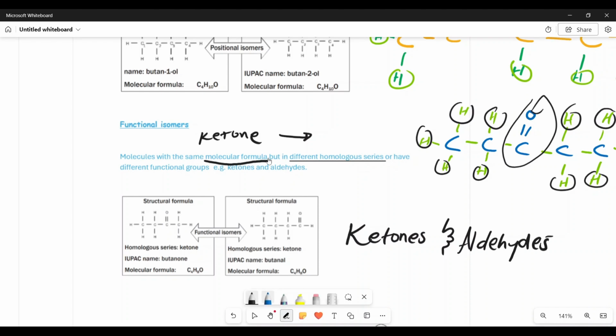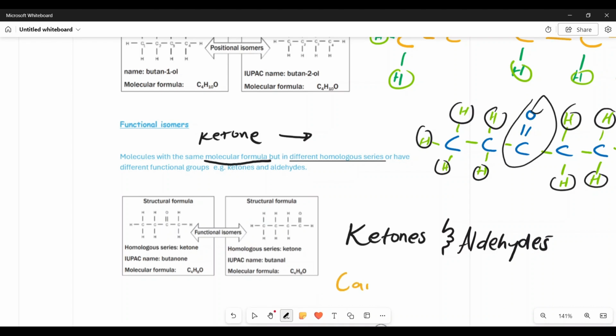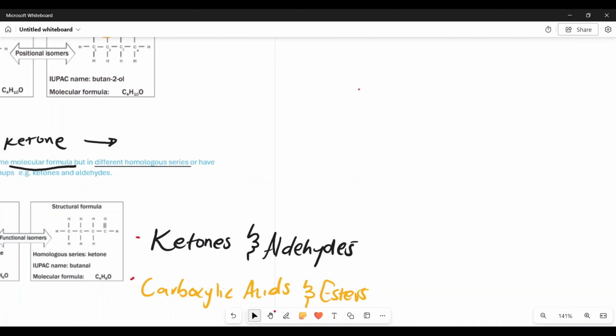And the last ones are your carboxylic acids as well as your esters. Now, these are the two functional isomers you need to know: your ketones and aldehydes as well as your carboxylic acids and esters.